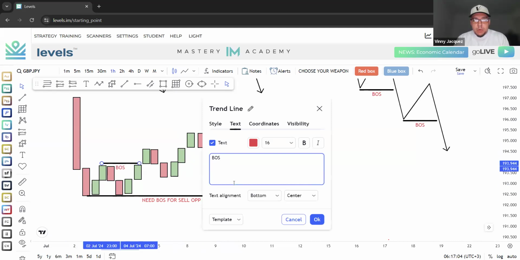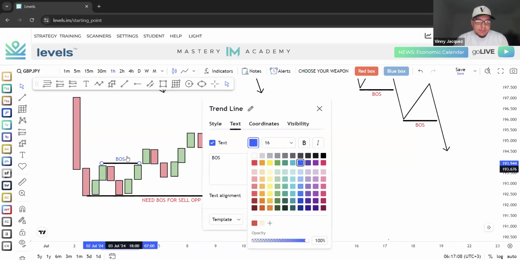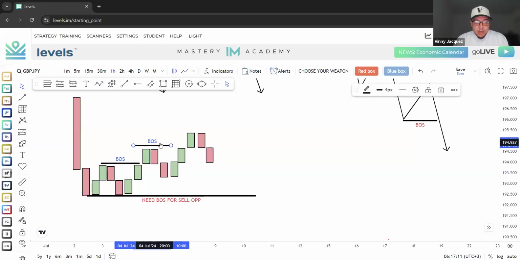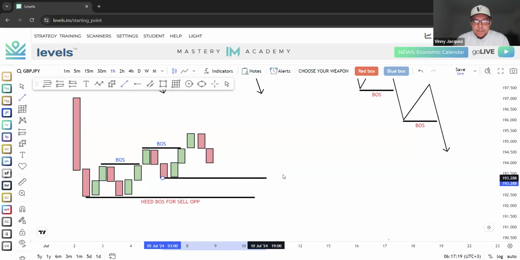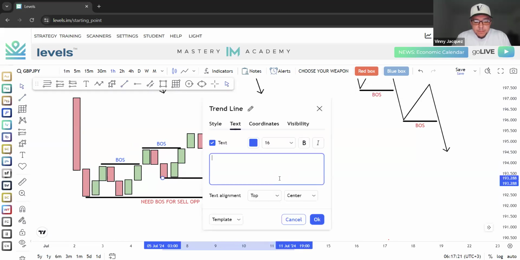This would be a bullish BOS because we are breaking above structure that has been formed, right? BOS to the upside. Now, my change of character line is right here. Need change of character for sell opportunity.